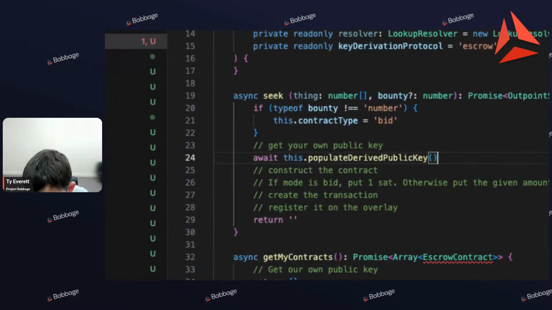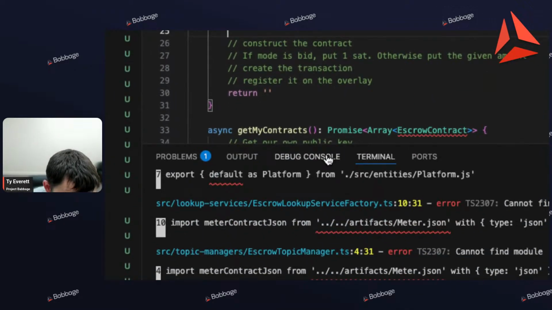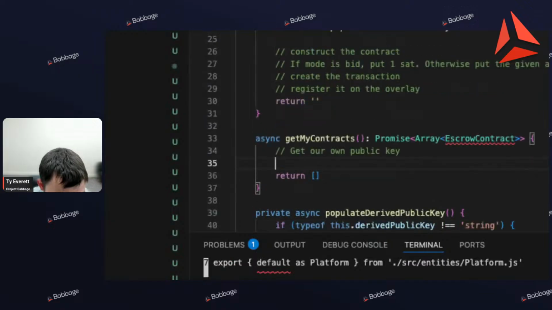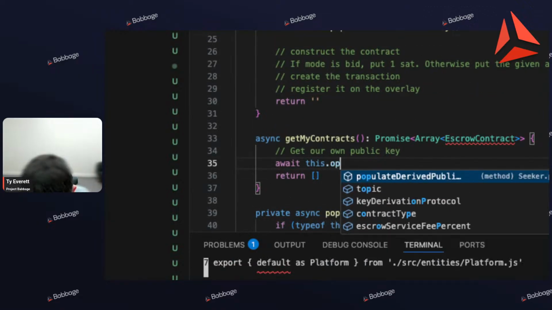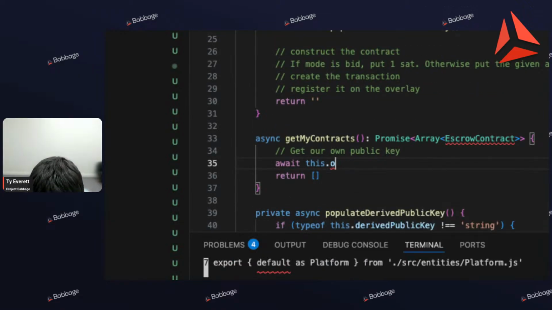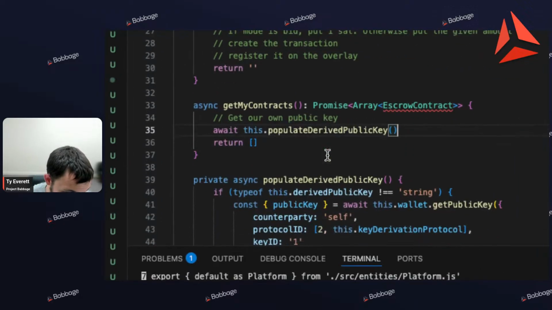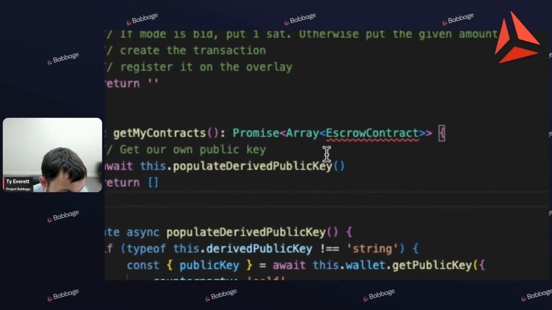Okay. So now we don't have to do this logic every single time. Right? So first we get that public key.